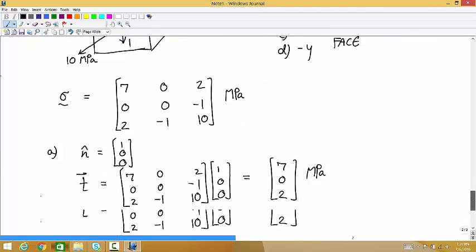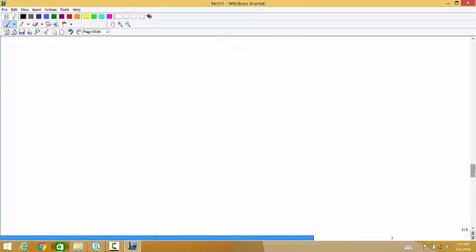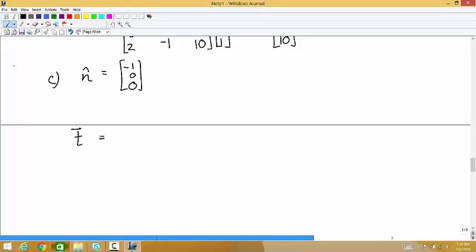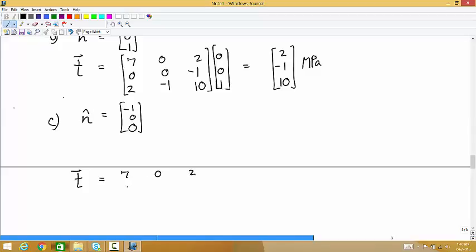So now let's do the negative x face. What's the outward facing normal for the negative x face? Yep, negative 1, 0, 0. So the traction vector is the stress tensor 7, 0, 2, 0, 0, negative 1, 2, negative 1, 10 times this outward facing normal of negative 1, 0, 0.